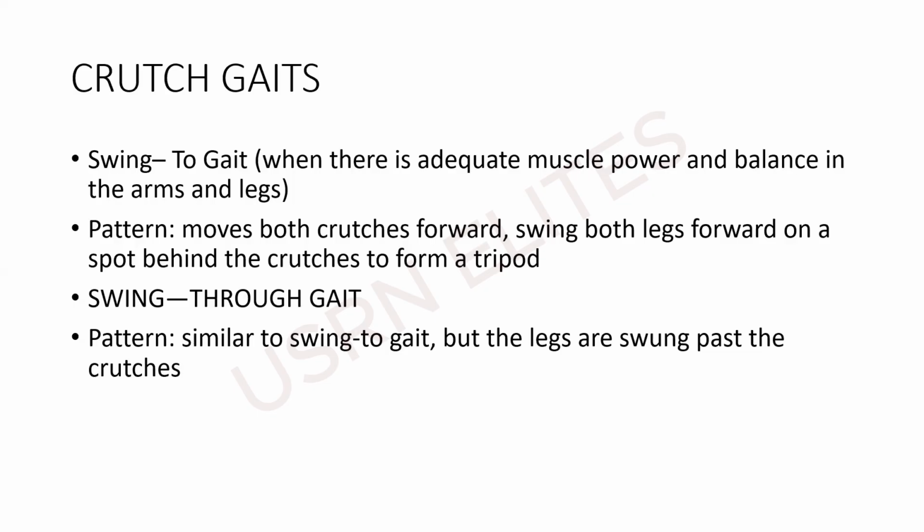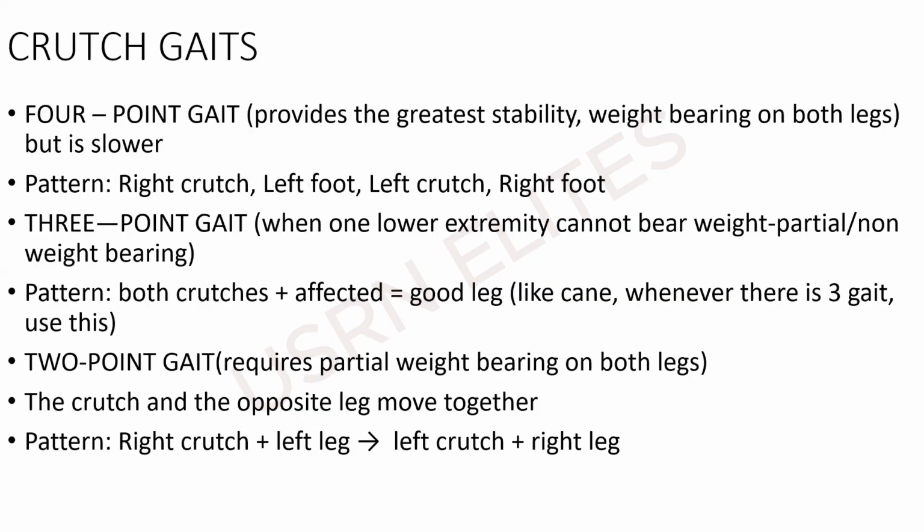Please come again, I'm getting confused. I'm saying that with 2-point gait, we move a crotch and a leg together. So a crotch and a leg together is equal to a crotch and a leg together. 2-point gait, 2 is equal to 2.